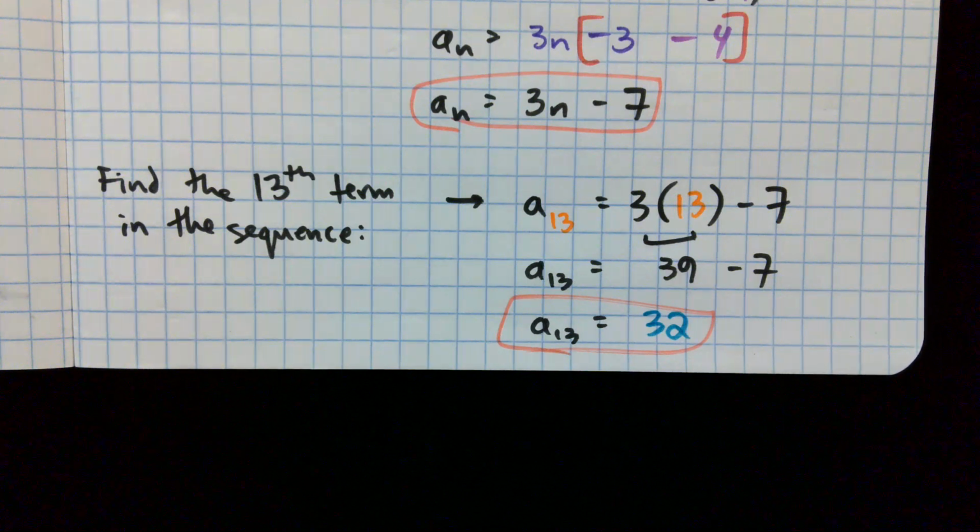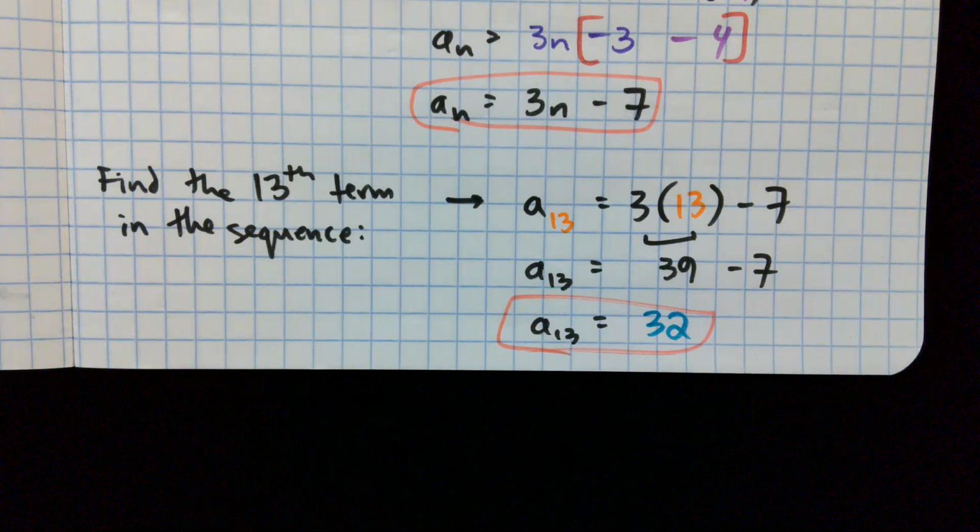Negative 4, negative 1, 2, 5, 8, 11, 14, 17, 20, 23, 26. How many is that? 11, 12, 13. Is that right? Yes. There's the 13th term. Yeah. We have to subtract 1 from 13.